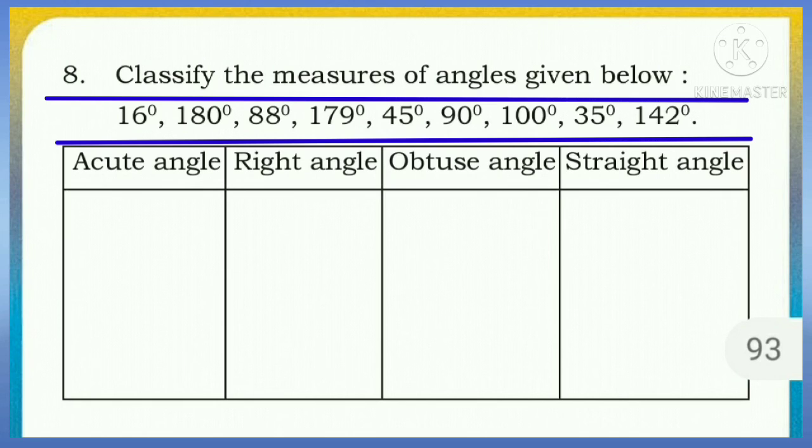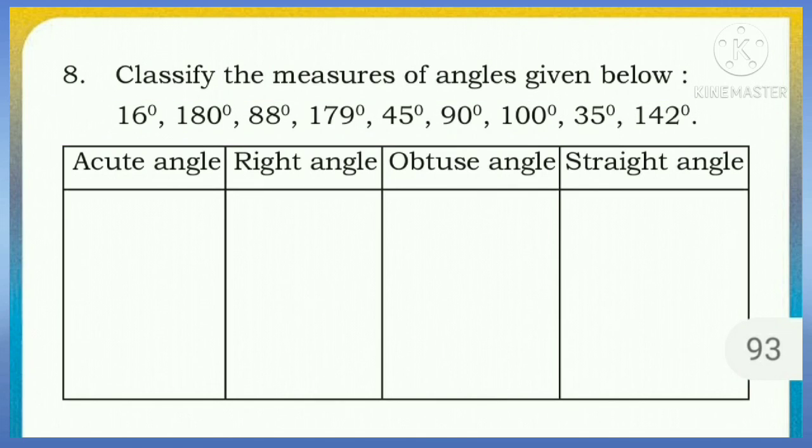What we have to do with these degrees is classify which are the acute angles, which are the right angles, which are the obtuse angles, and which are the straight angles. In these, 16 degree, 88 degree, 45 degree and 35 degree belong to acute angle. And the right angle is only one, that is exactly 90 degree.